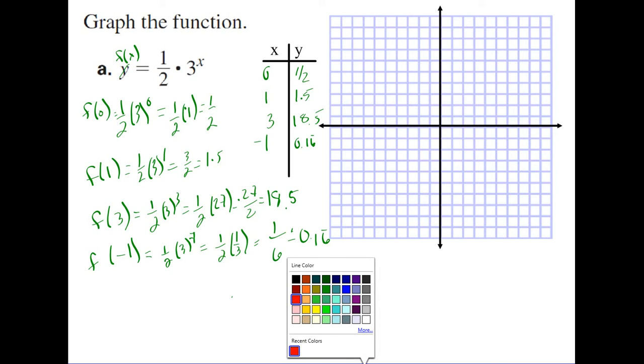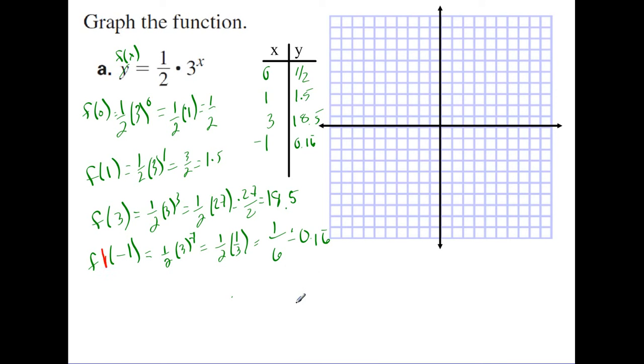So we look at the domain, and the domain of f is all real numbers.